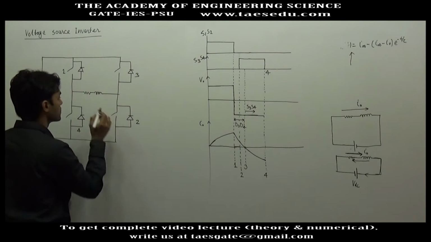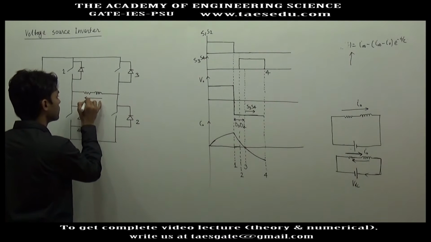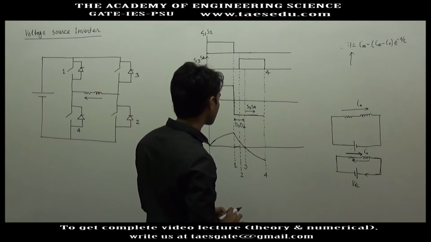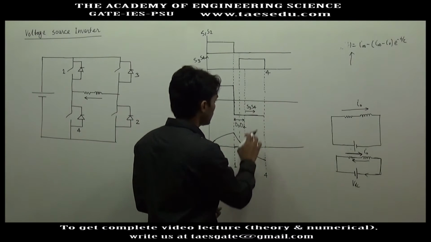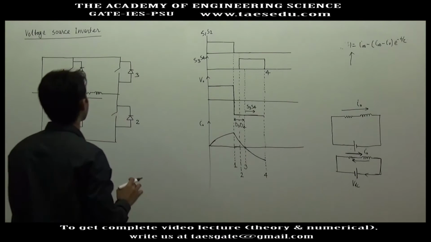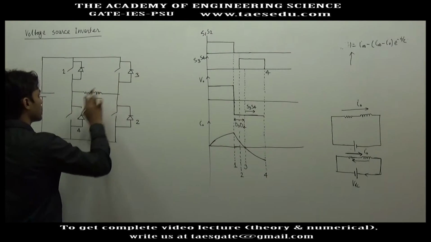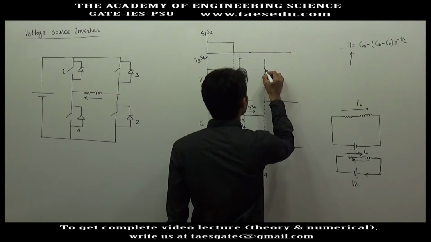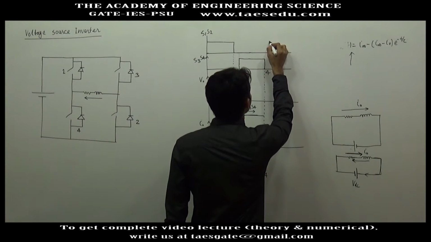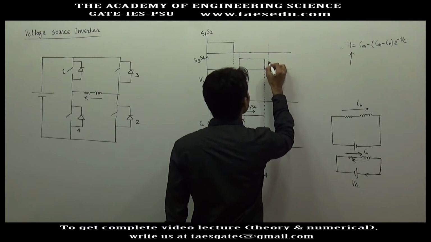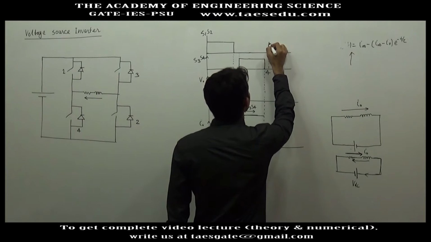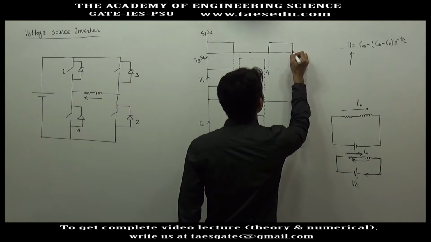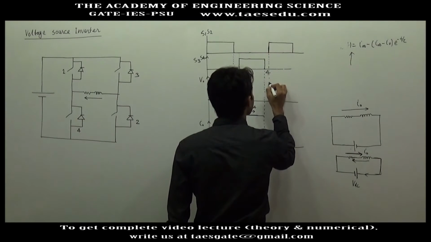Current has some value in this direction, and at this instant, S3 and S4 are commutated, means these two switches are not conducting. Let's say after some interval, S1 and S2 are again given gate signal. Let's say this instant is 5.